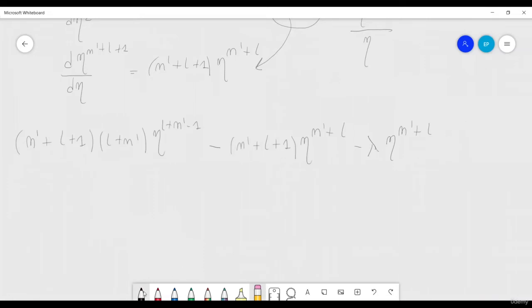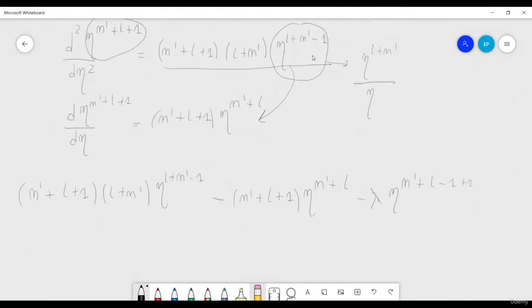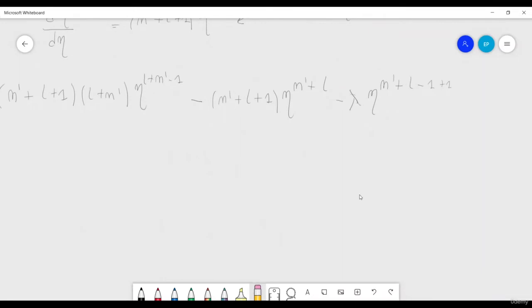This minus 1 is present there because I had to divide by eta, if you recall. So I can put this eta in the numerator, and I will put a minus 1 here. But I also have a plus 1 because I have to substitute this expression, okay, into the differential equation. So here I can get rid of this, and then I have minus.